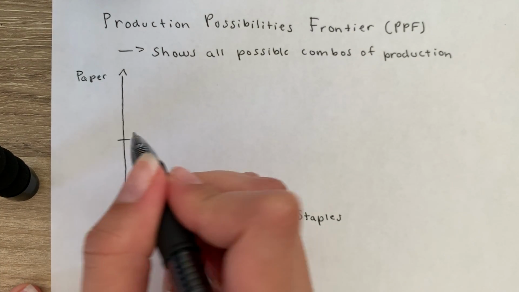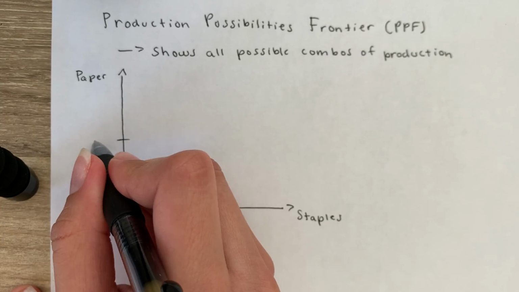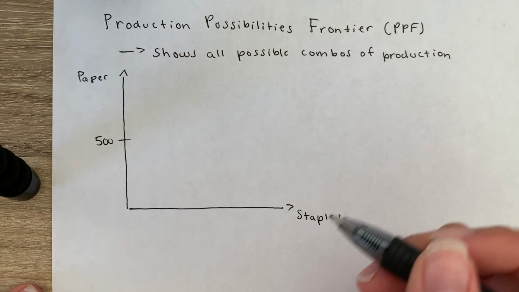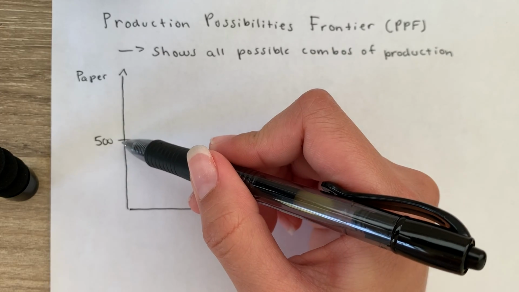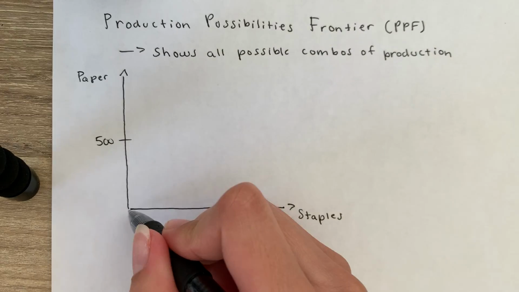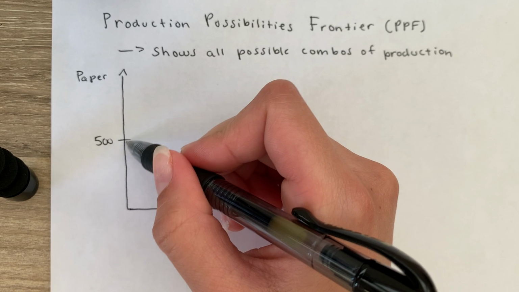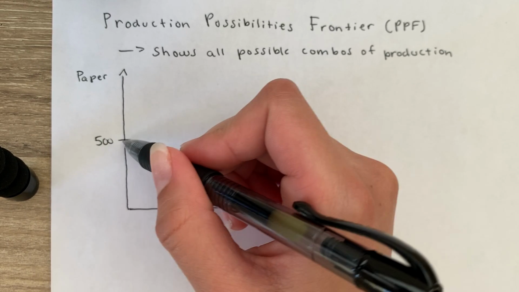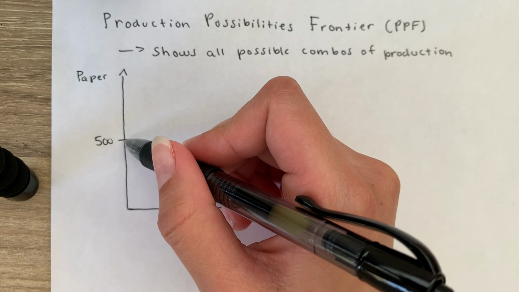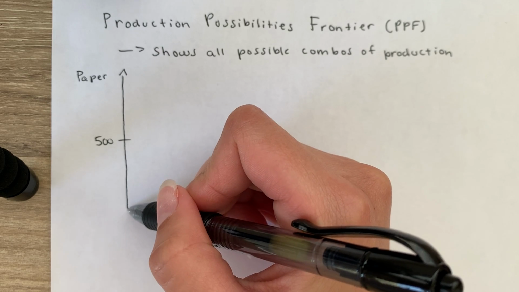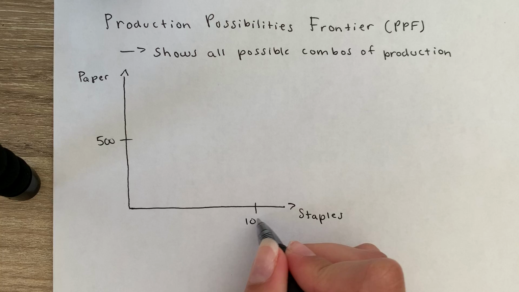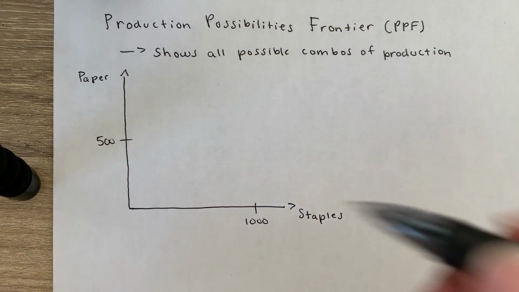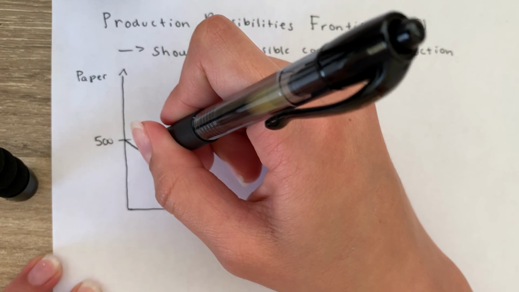So here we're going to label our two extremes, so this was 500, right? So if they produce 0 staples, they're going to produce 500 sheets of paper, because in this case, they're dedicating all of their resources to producing paper. Now, on the other hand, if they're producing 0 sheets of paper, so let's go down to 0, they're going to be producing 1,000 staples, the other extreme right here. So we can draw a line connecting the two.